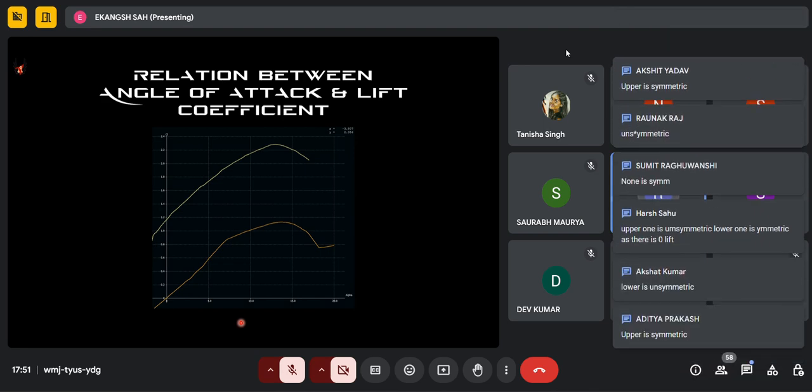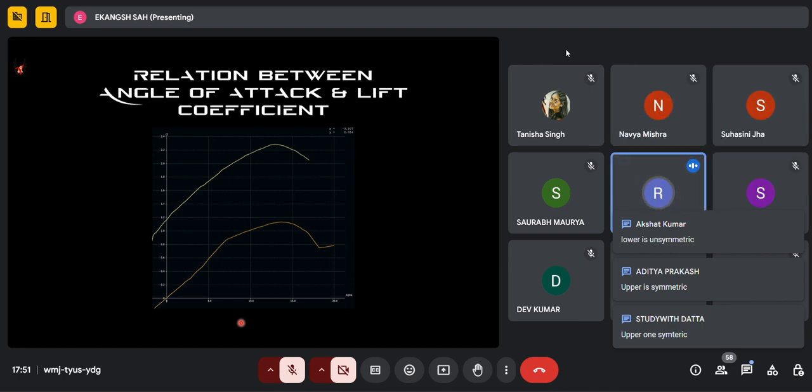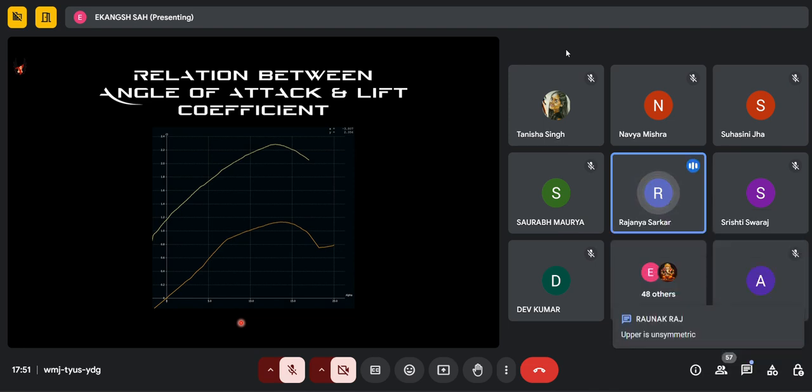So as I can see, only one correct answer has come in this case. Okay, the count is very less. So the upper one is basically unsymmetrical. See why? As we have discussed, at zero angle of attack, the unsymmetrical airfoil produces a non-zero lift.